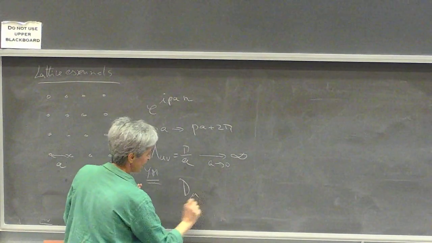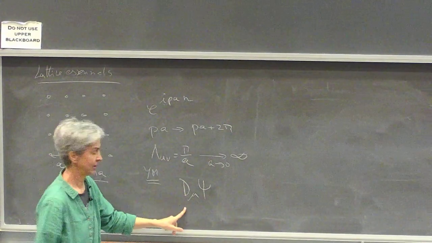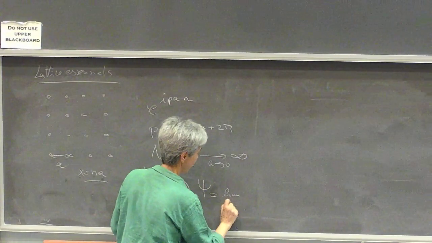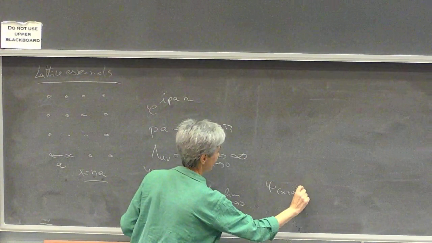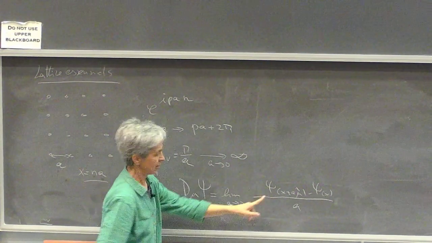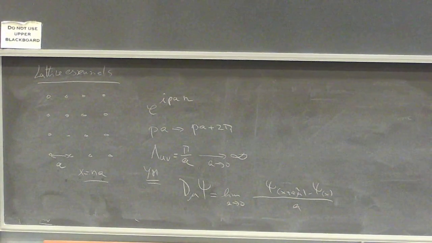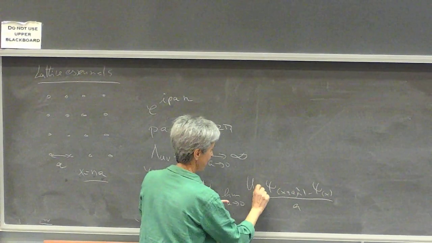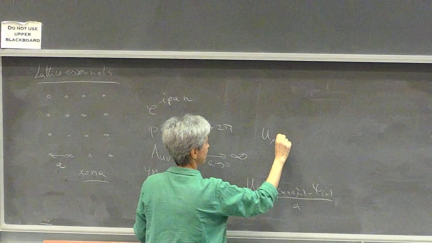So imagine that I want to define a discretized covariant derivative acting on a field. An ordinary derivative is defined as the limit when a goes to 0 of a finite difference over a. But this is not covariant, okay? It doesn't have the good gauge invariant properties. You can make it covariant by putting here the parallel transport of the gauge field.